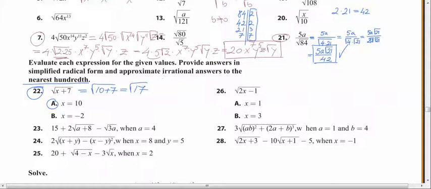The next step will be to approximate the value of this. You guys remember yesterday we talked about the Babylonian method. Obviously your 17 is between 16 and 25. We're taking the closest square roots to 17, one smaller, one greater, right?